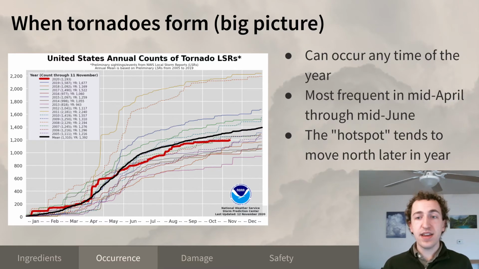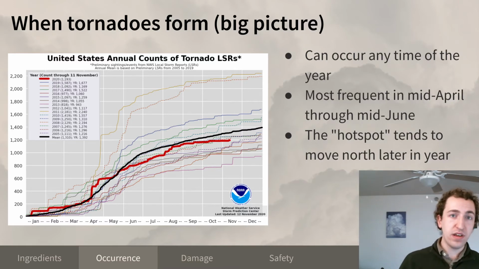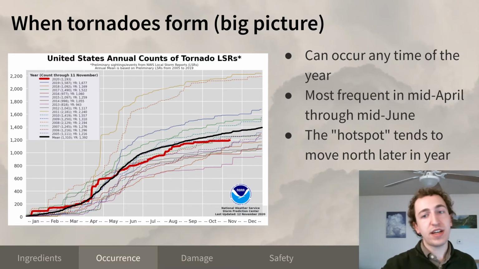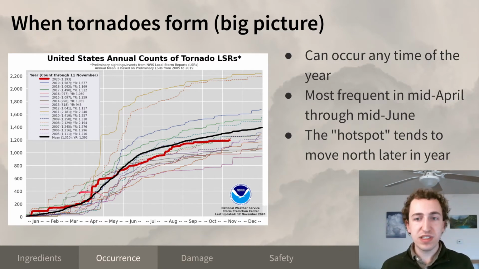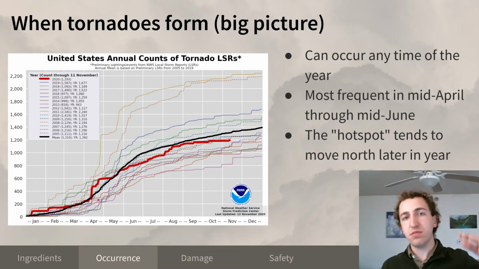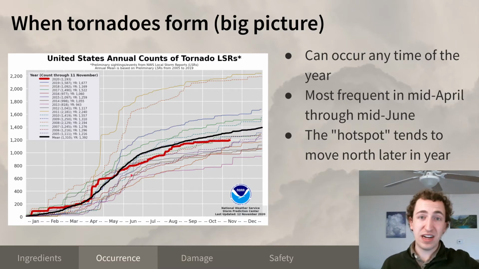And the hotspot, or where the most tornado activity tends to be, actually moves north. So in earlier parts of the season, your peak is going to be farther to the south. If you want to talk about when Iowa is most likely to get tornadoes, that's actually more towards the June period rather than earlier in the season.